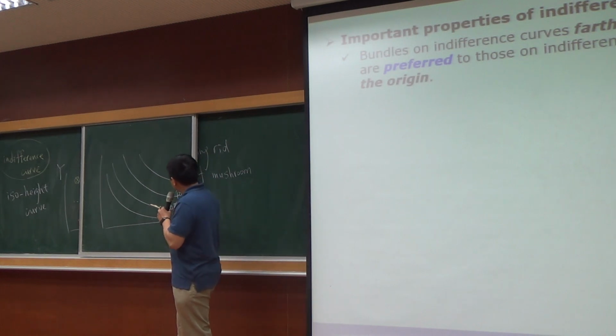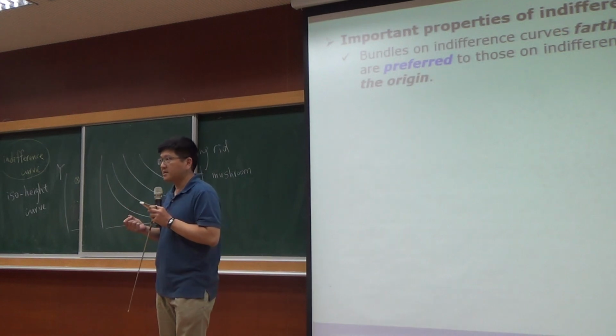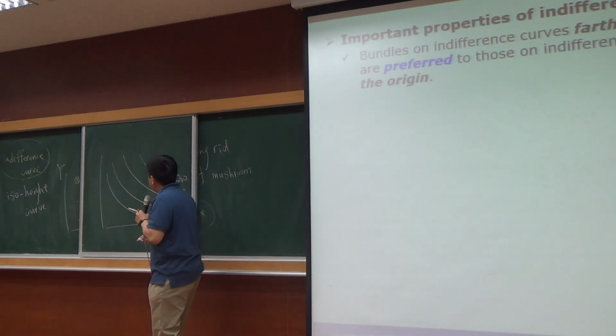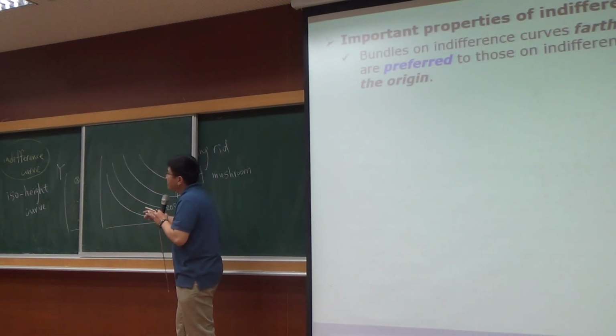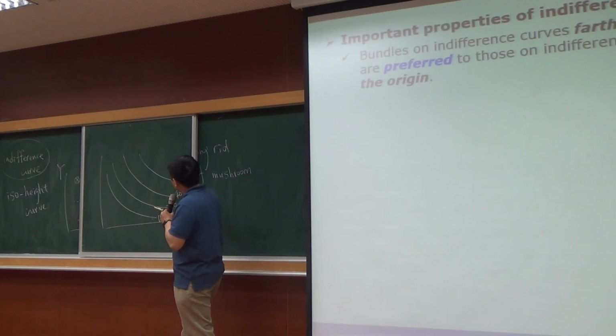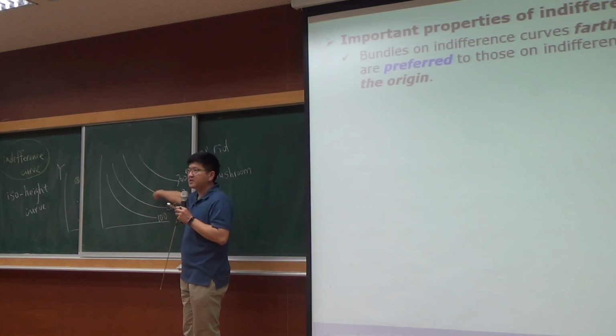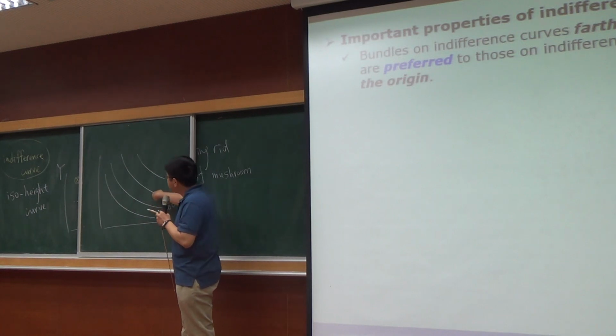These numbers represent my level of happiness. So you will see, the more is better, the more the better. So points on this indifference curve must be preferred to points on this indifference curve, right? And preferred to this.